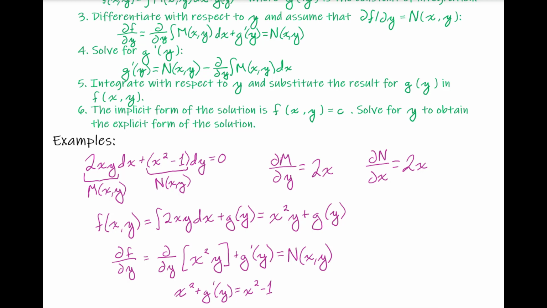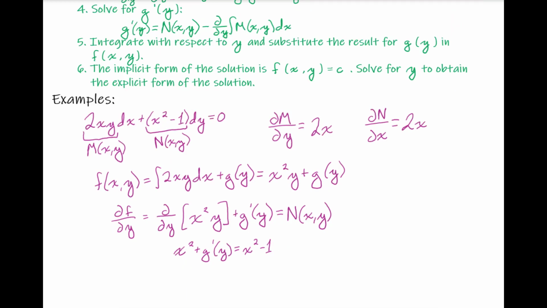And now I'm ready for the next step in my method of solution, namely solving for g prime of y. Solving for g prime of y is as simple as subtracting x squared from both sides. This leaves me with g prime of y equals -1. Now, to find g of y, I simply need to integrate with respect to y. So I'll be taking the integral of g prime of y dy, and it'll equal the integral of -1 dy.